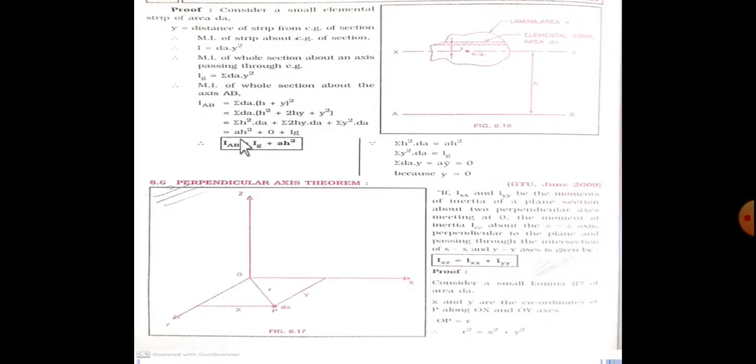Now, over here the middle term is 0 because of the small elements, and the last term is our Ig. So IAB is equal to Ig plus A h square.